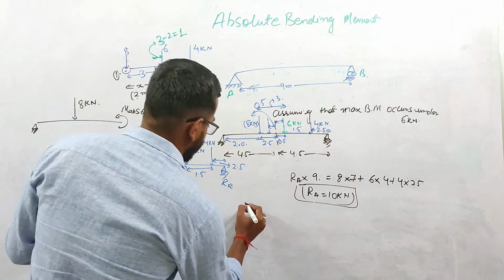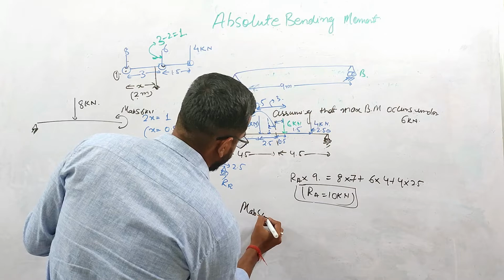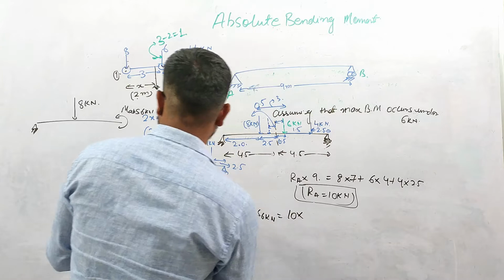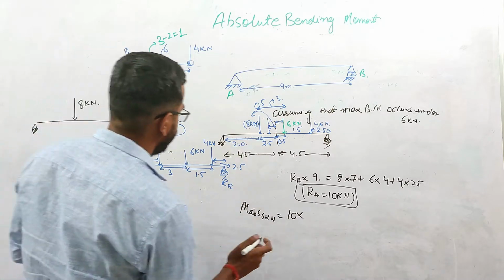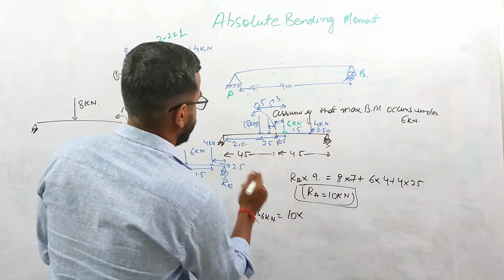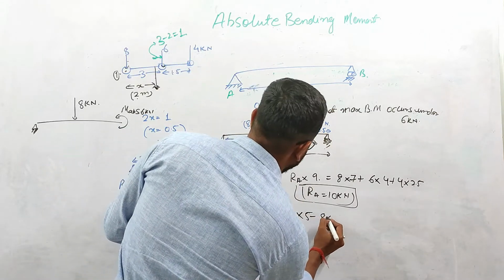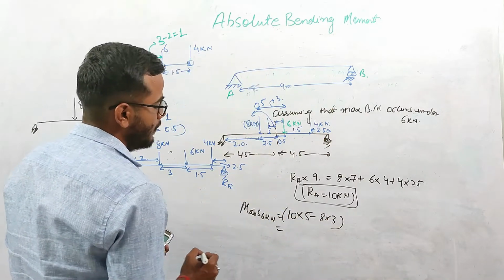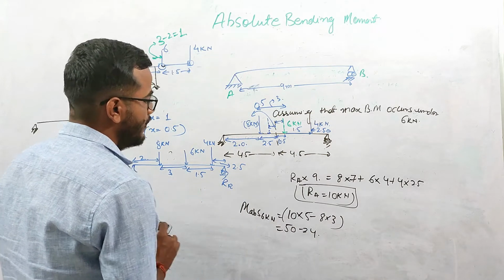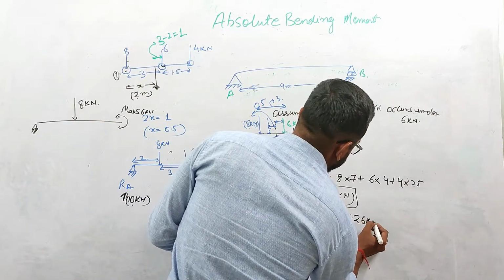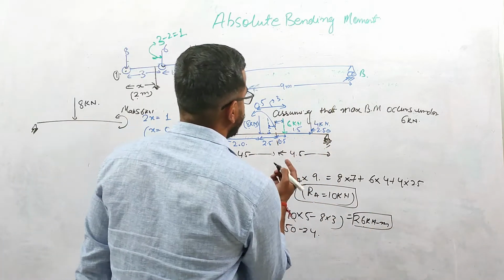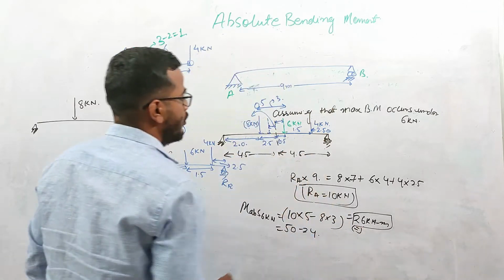So I can write M absolute under 6 kilonewton load will be 10 into 5 minus 8 into 3. So the value comes out to be 50 minus 24, which is 26 kilonewton meter. This is the value we get when we consider that the maximum moment is coming under this 6 kilonewton load.